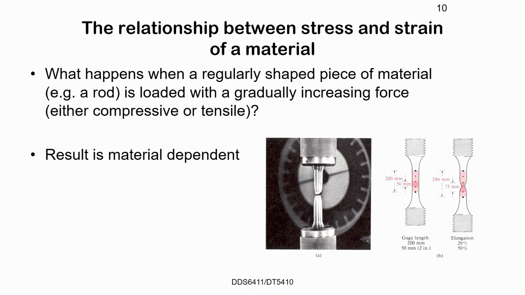If you have a soft material and you apply a force, you're going to get more deformation. If you have a stiff material and you apply the same force, you're not going to get as much deformation. If it's a metal, you're going to get a very different stress strain curve, as I'm going to show you, compared to brittle materials, which produce a much simpler stress strain curve.